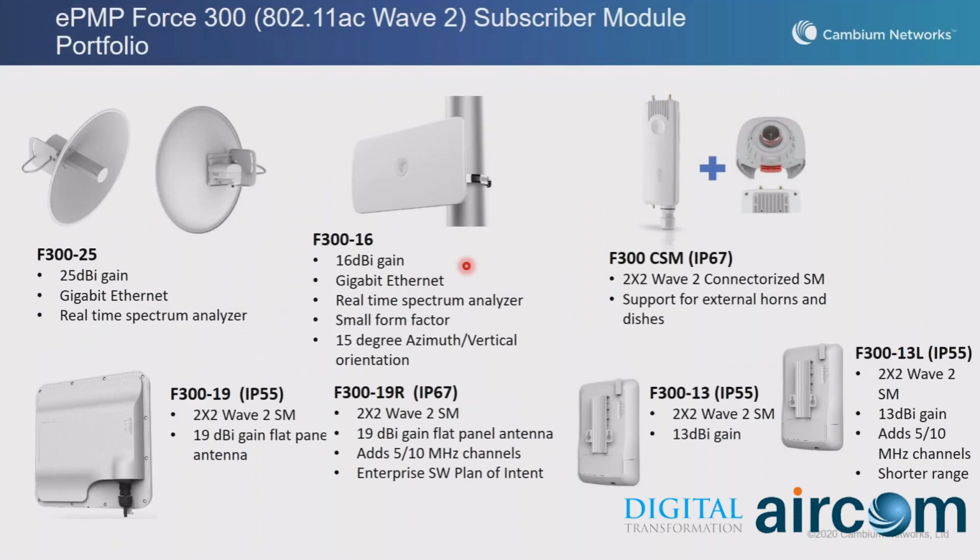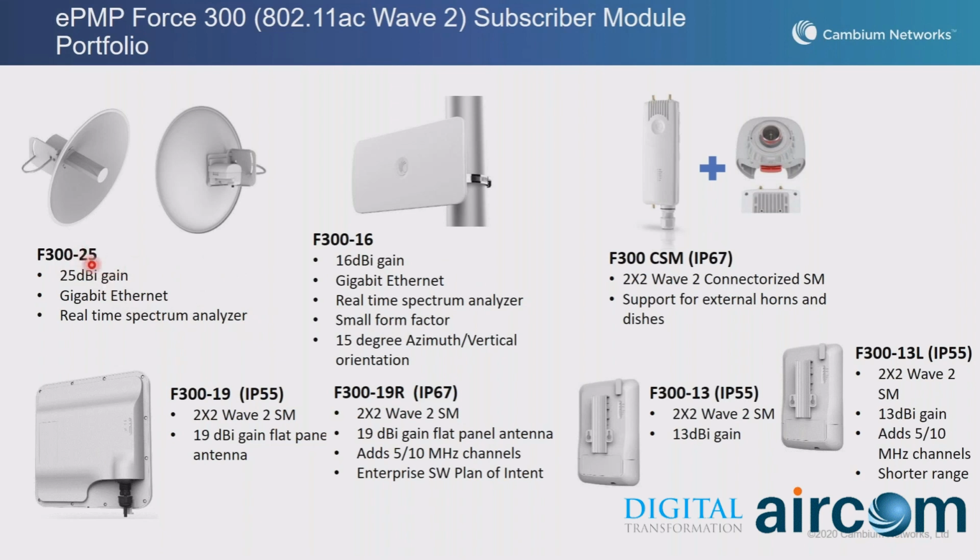Okay, so this one is the subscriber modules for the ePMP 3000 or 11ac. For the 11ac subscriber modules, you can see that the subscriber modules for the ePMP 3000 are named FOS 300. So access point is 3000, subscriber module is 300.